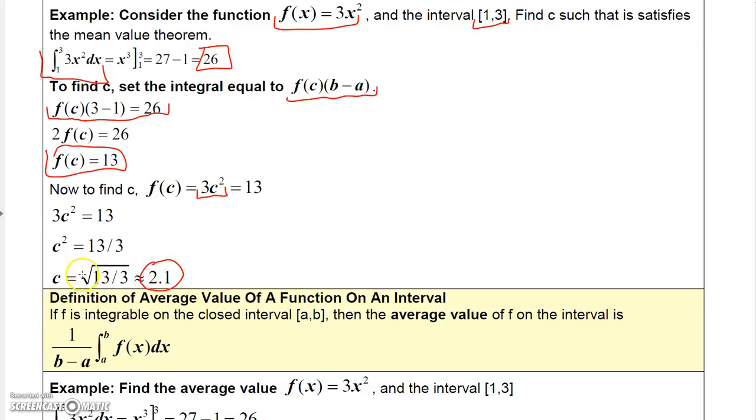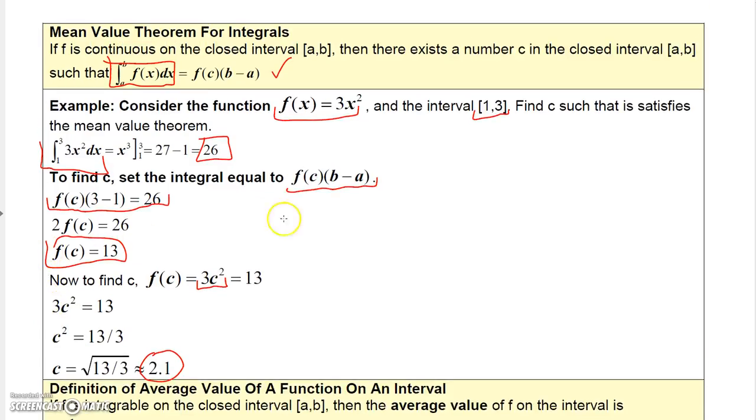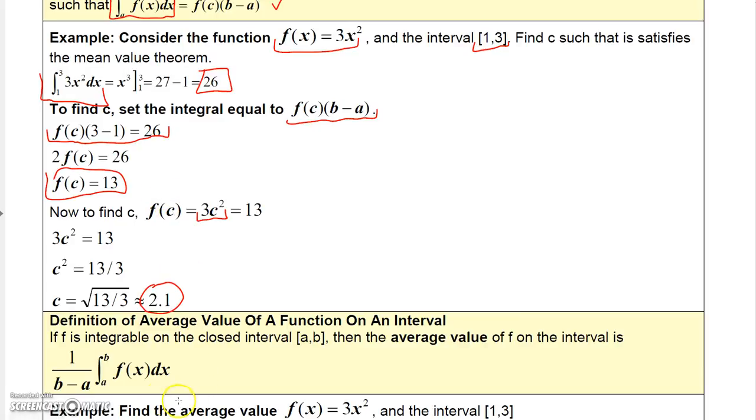Now, I didn't use the negative square root simply because I knew the interval is positive, so c has to be a number in that interval. So the square root of 13 over 3 is the number that actually satisfies the mean value theorem for that function on that interval.